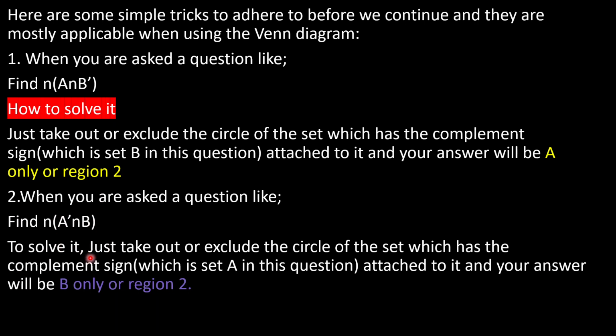Take the circle of set A out, or the circle with the apostrophe sign attached to it, and your answer will be B only, or region 2, or where it was shaded purple.